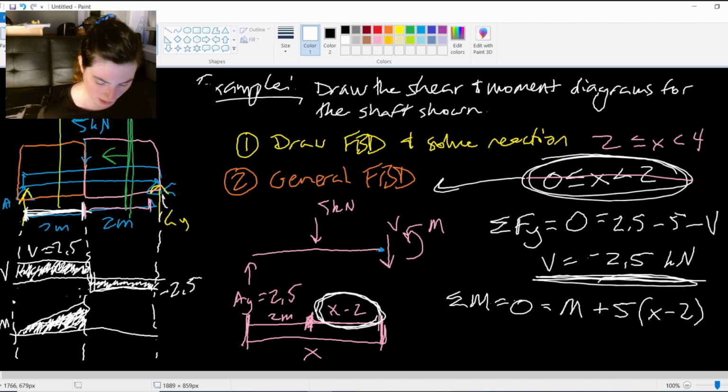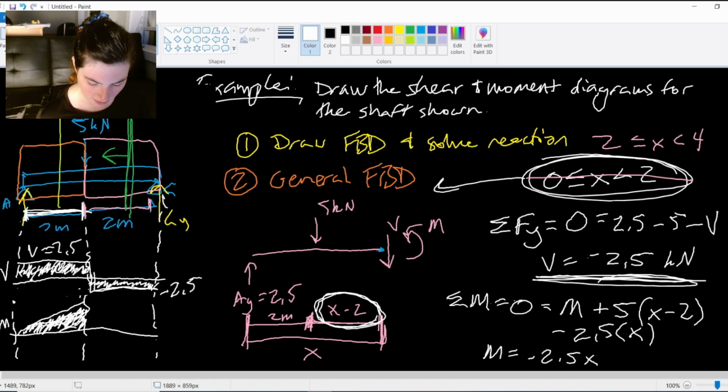And then, of course, my AY is going to be minus, AY is 2.5 times its distance away, which is x. So when I simplify that, now I have the moment is negative 2.5x plus 10 kilonewton meters.